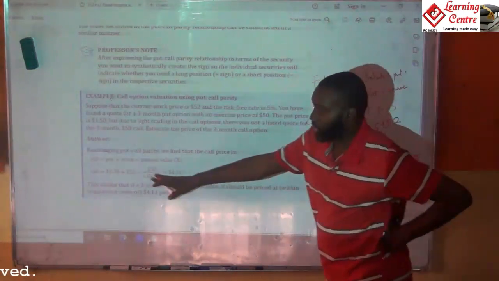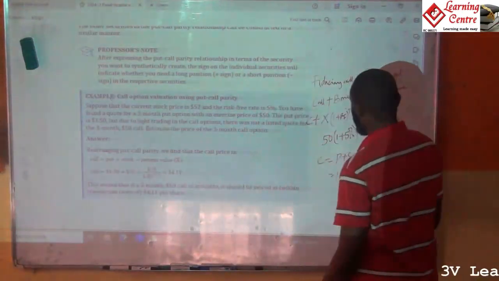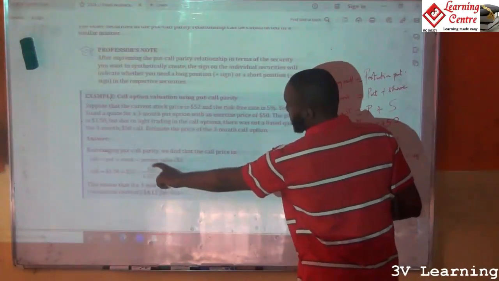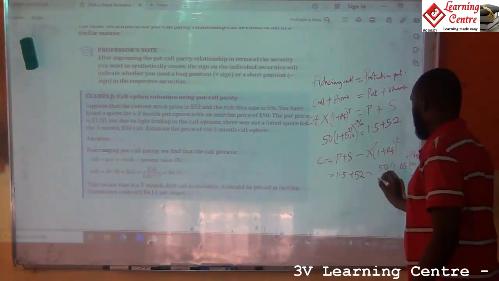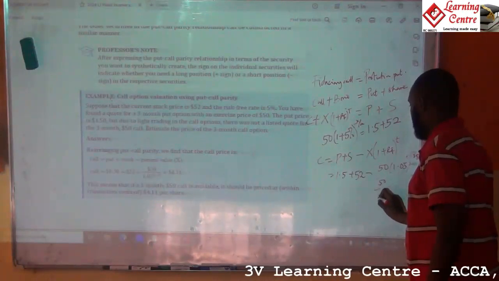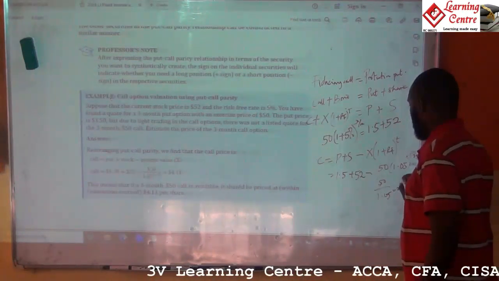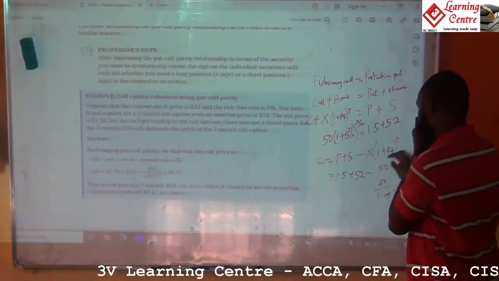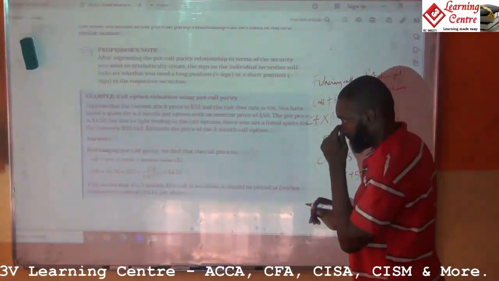So that's what they have done here basically. That's the 1.5, that's the 52, and then you have your 50, because it's minus, that's why they have just done 50 divided by 1.05. Because of the minus, you need to reverse it. So that's how they got 4.11.